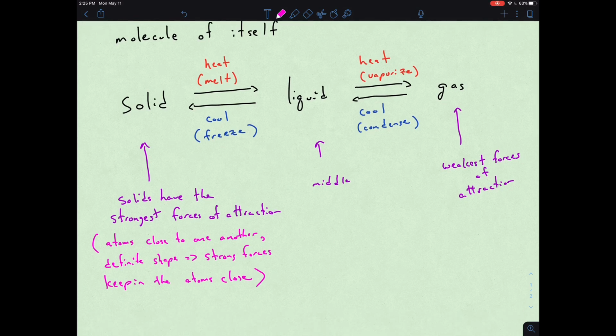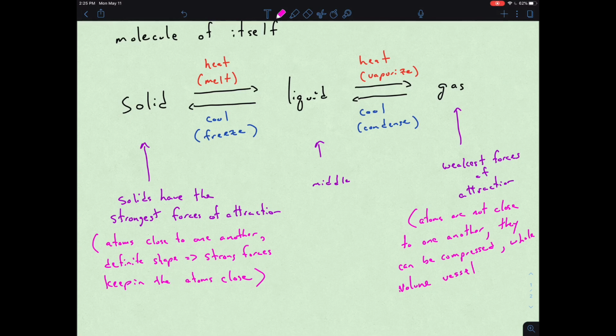With gases, atoms are not close to one another. They can be compressed. They take up the whole volume of the vessel.